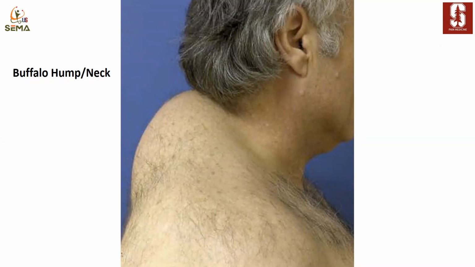So this is called the buffalo hump or buffalo neck. It can be associated with multiple disorders, for example, Cushing syndrome. I remember I had one of these patients, and it was an extremely difficult intubation because basically you cannot extend the neck. So you have to go either by video laryngoscope or fiberoptic intubation, but please don't underestimate these patients.